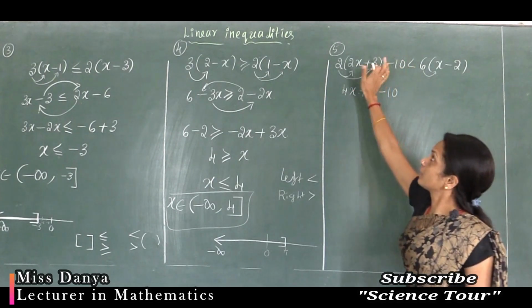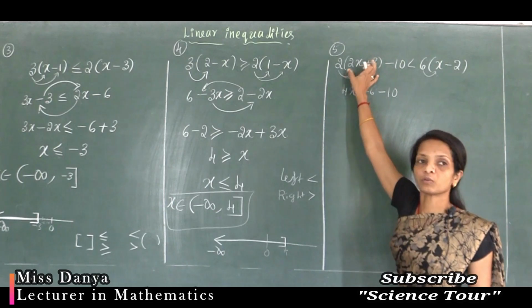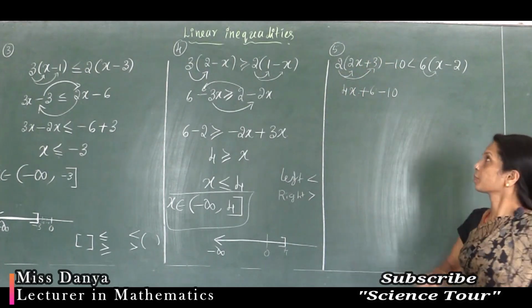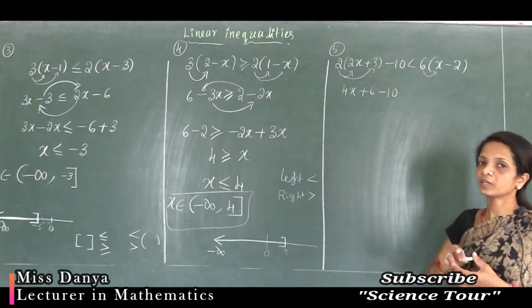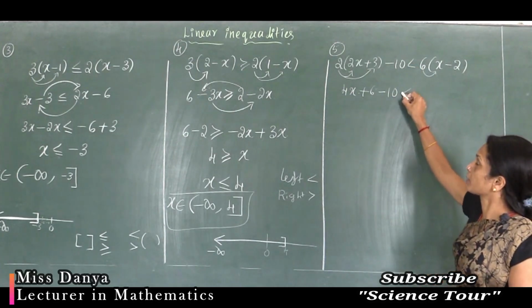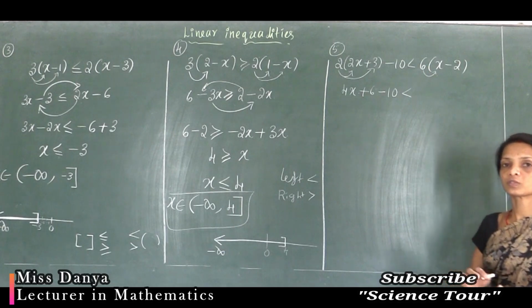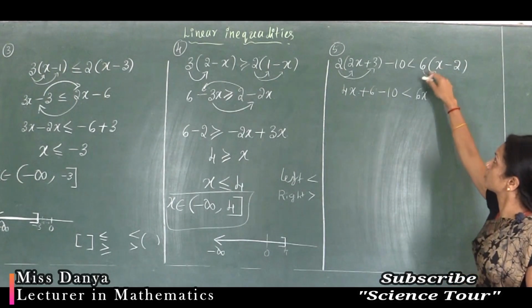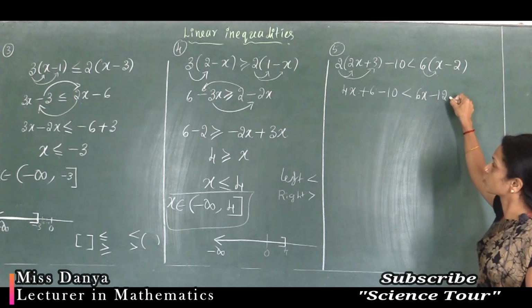Outside the bracket, multiply that to this. Inside the bracket, only to those terms you have to multiply this outside number, and minus 10 is separate. You have to write that separately, and the symbol you have to use the same, less than, and here 6 into x is 6x, 6 into minus 2, that is minus 12.